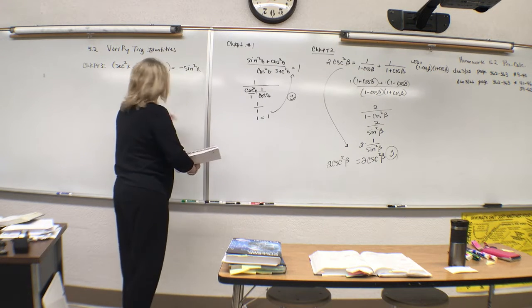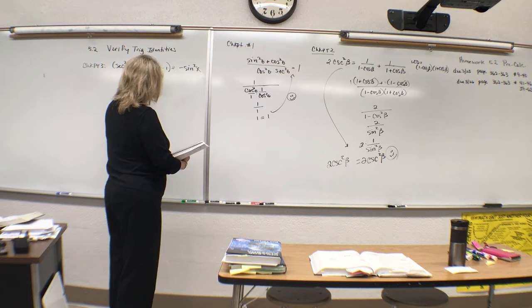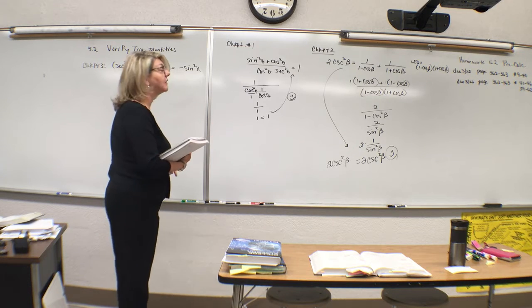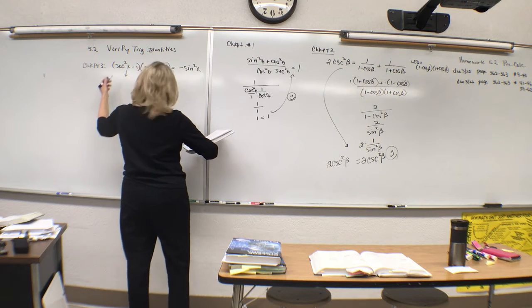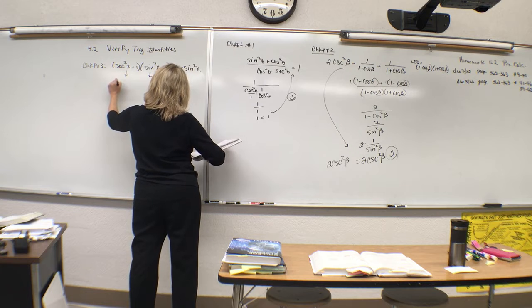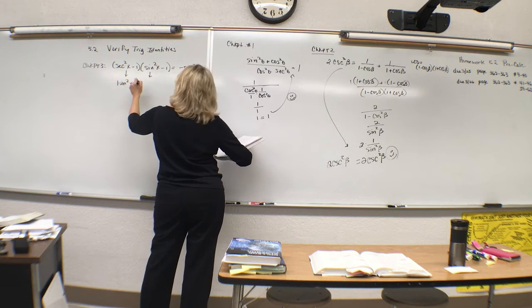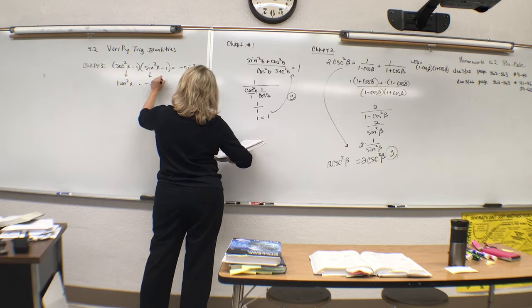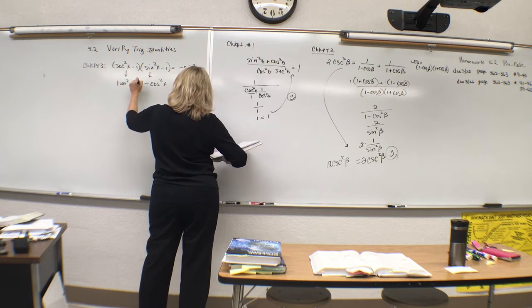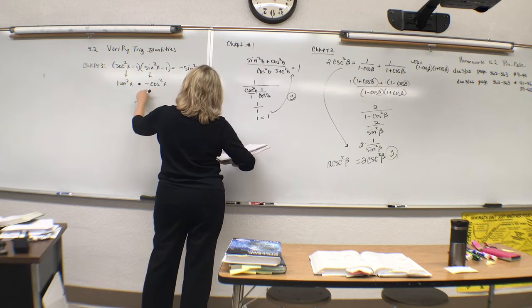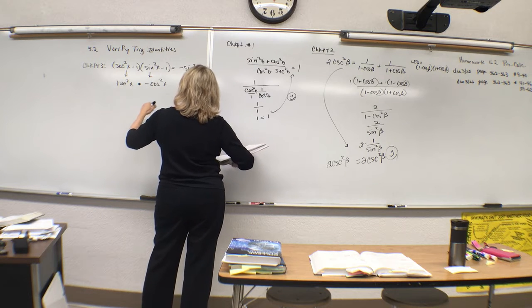Well, let us use those equivalents that we found on the top of 359. We know that the first one, secant squared x minus 1, is simply tan squared x, and that sine squared x minus 1 is negative cosine squared x. Again, these are being multiplied. This is the sign, it's not a subtraction symbol.